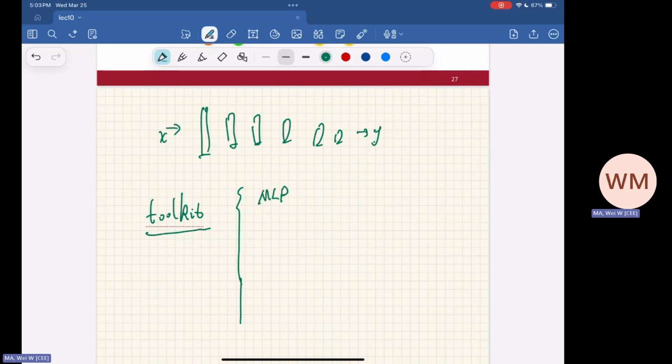Multi-layer perceptron is one particular layer, or we call it a dense layer, or fully connected layer. It's the same. This is a very basic layer that we have. Then you should have more layers to choose from, right? There are others. For example, there's a layer called the convolutional layer.